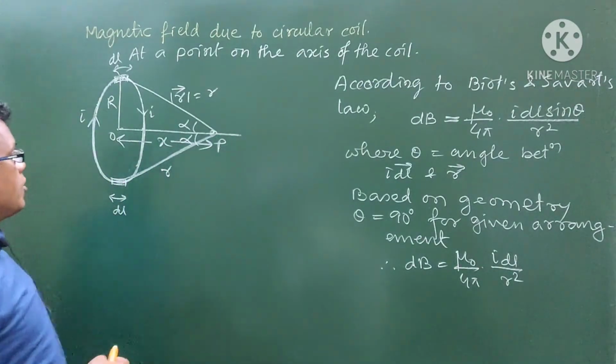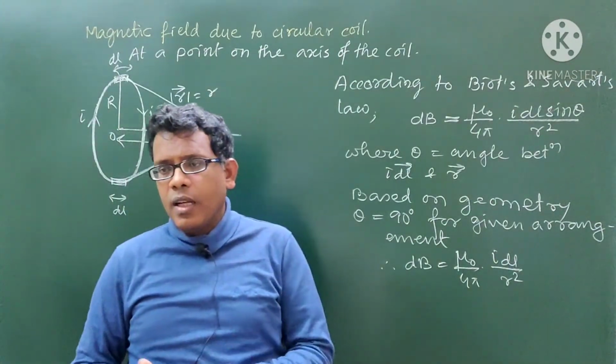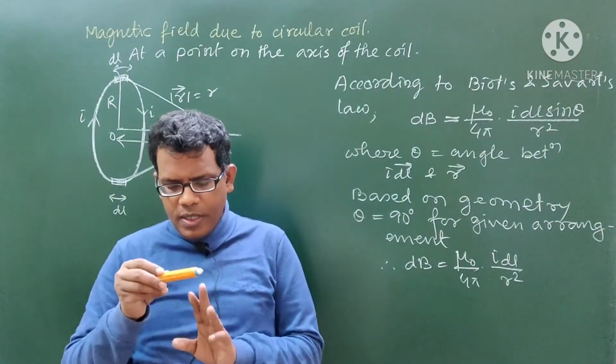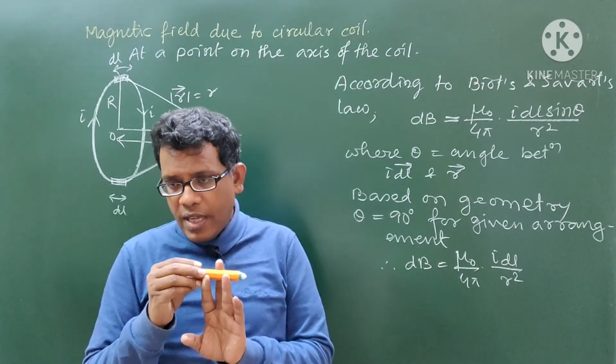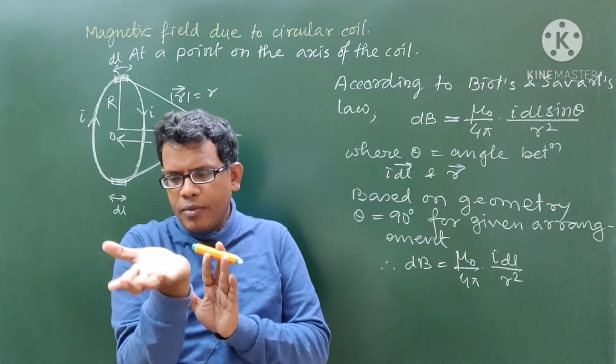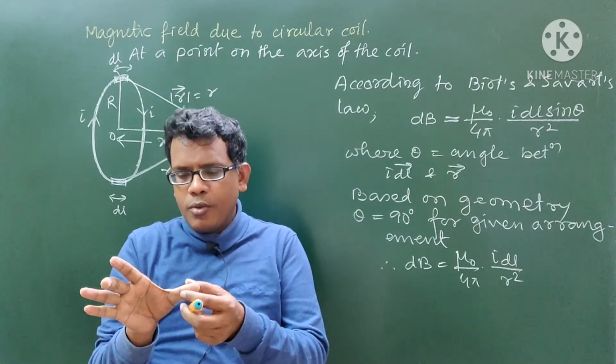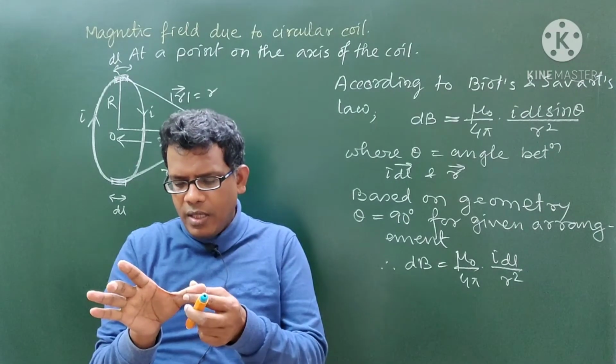Okay, fine. Now I'll give you the geometrical presentation about the direction. This is the current element. As I said, for the direction of the magnetic field, the right hand finger thumb is according to the direction of current in the current element.